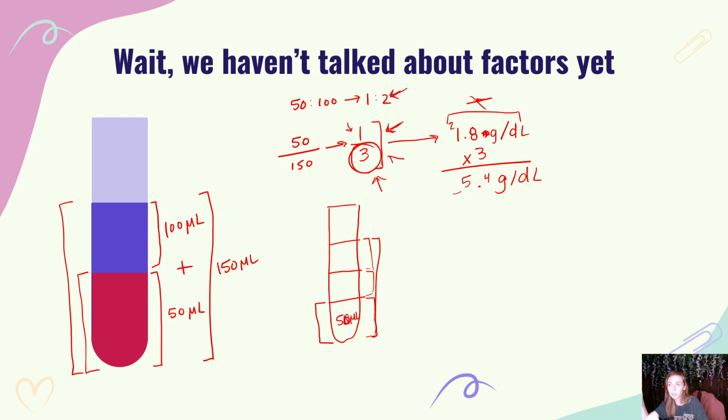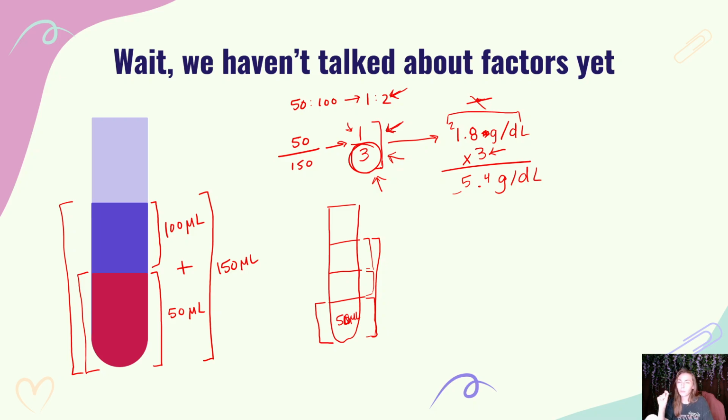That's why we worry about this. The new volume is 3 times the volume of the original specimen, which means we have messed with our concentration by a factor of 3. So we have to undo it with a factor of 3. That is why it is called a dilution factor.